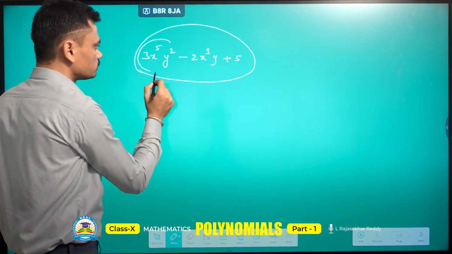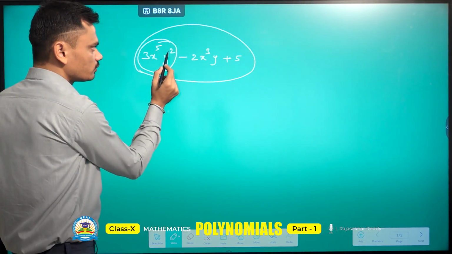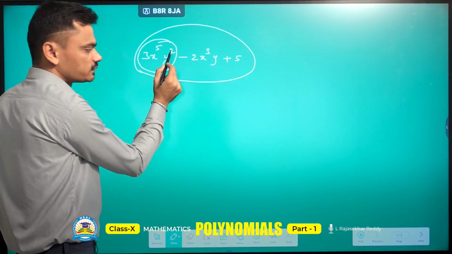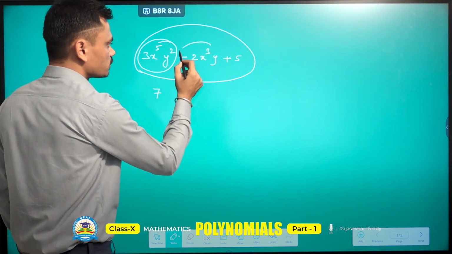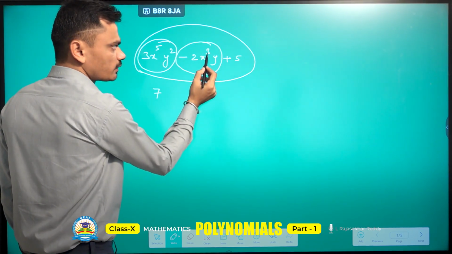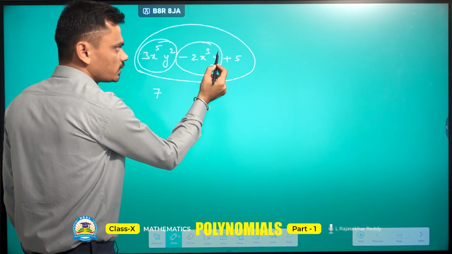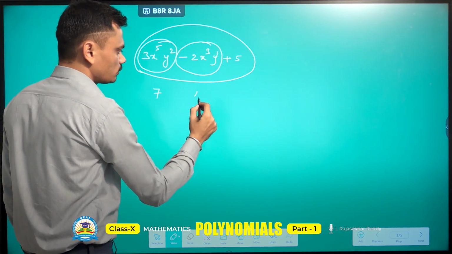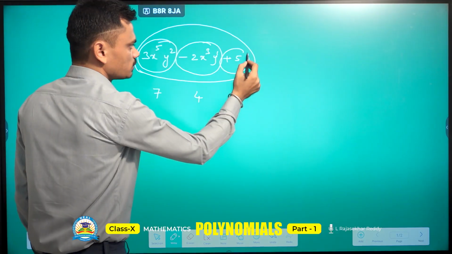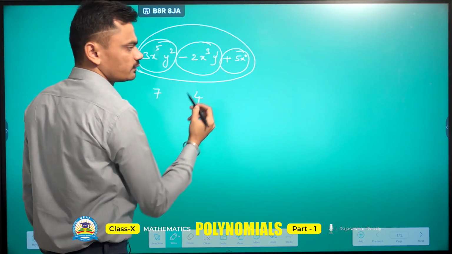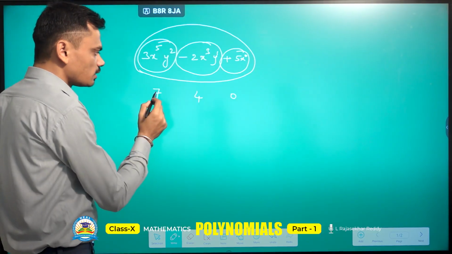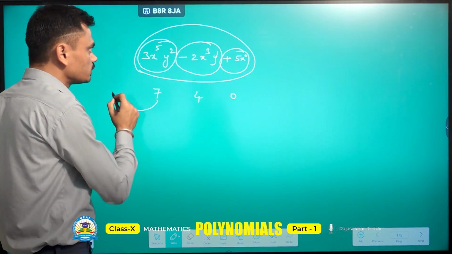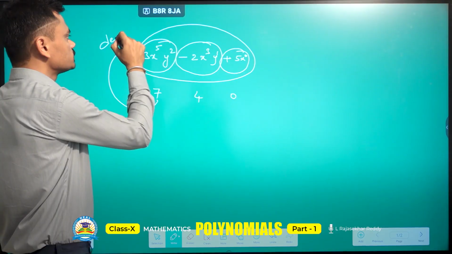In this term, power 5 and power 2 are the powers of the variables, so total 7. In this term the power of x is 3, the power of y is 1, so total 4. In this term you can take it as x power 0, so the power of the variable is 0. Now the highest is 7. 7 is the degree of this polynomial.